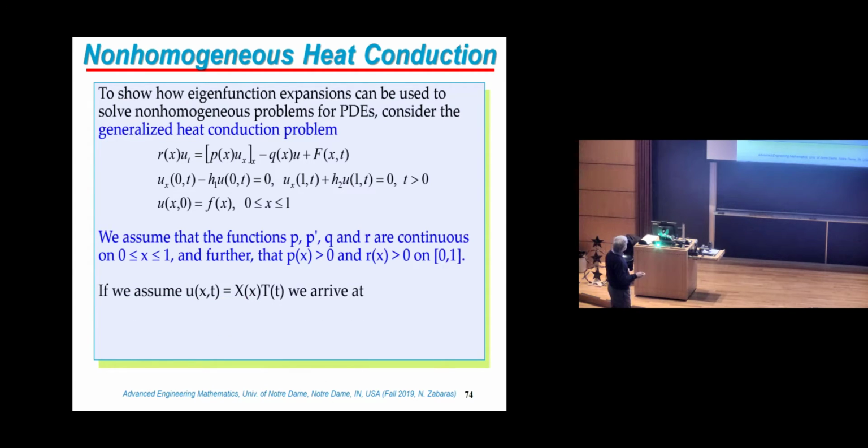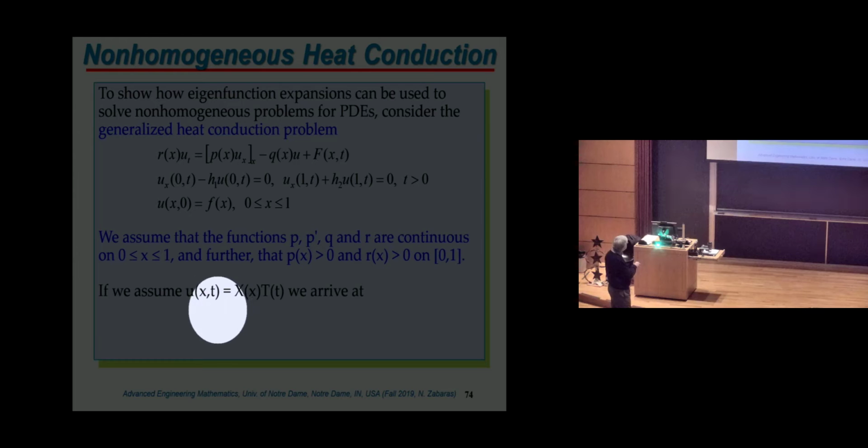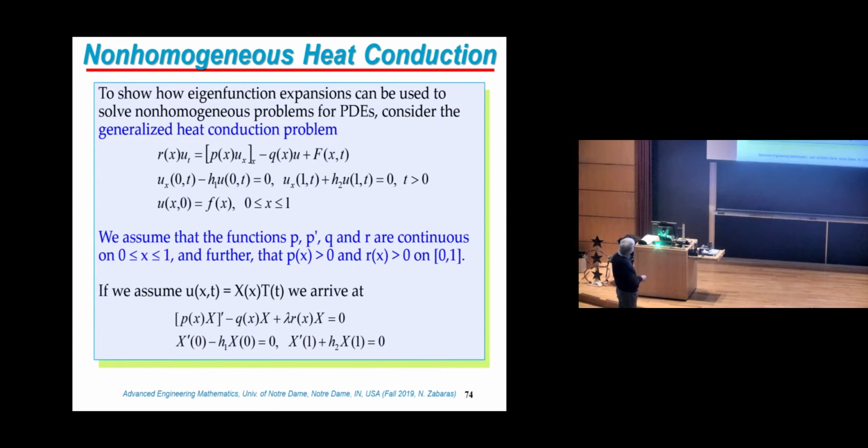Okay, so we do separation of variables. We write the solution as capital X of little x times some function of time. We plug in, and you have to trust me, the derivation is trivial, we have done it before.